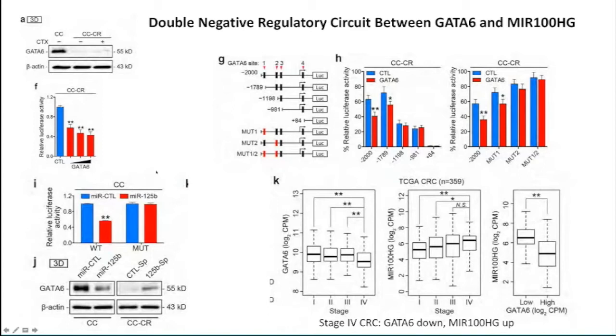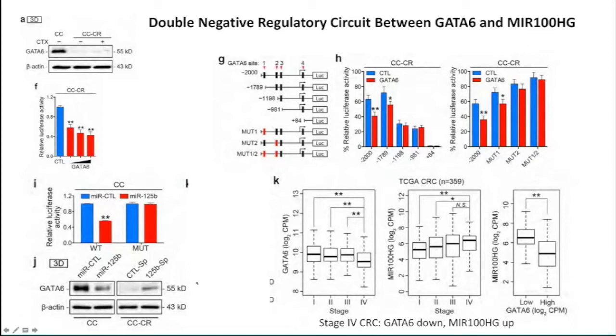Here's a reporter assay to show that miR-125B actually can target the 3' UTR, and when you have miR-125, you get a decreased level of GATA6. If we use our sponge to block the production of miR-125, then compared to the control, we see an increase in GATA6.